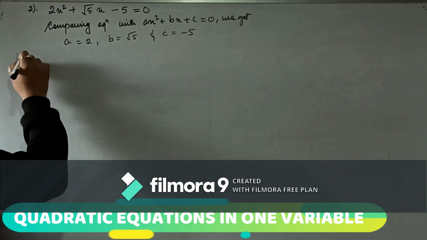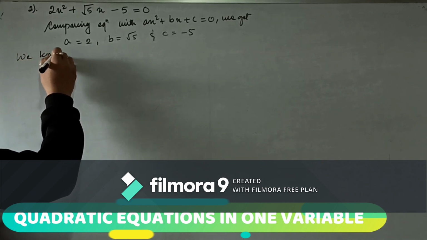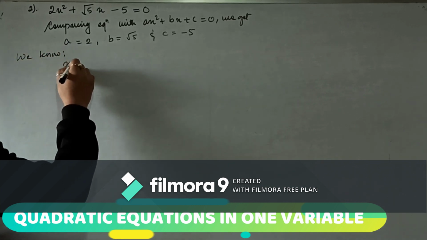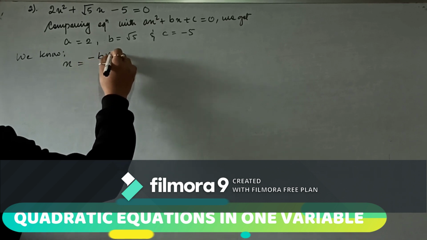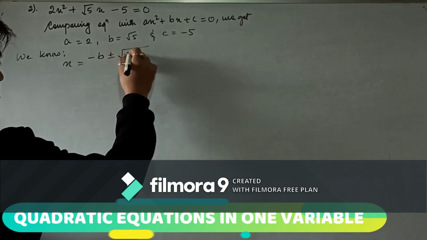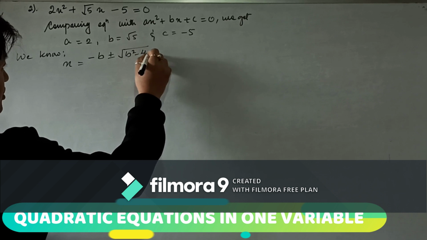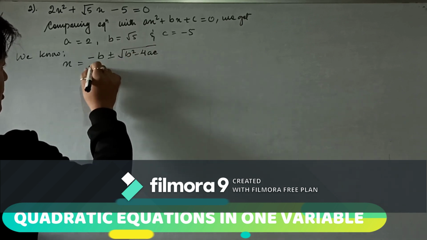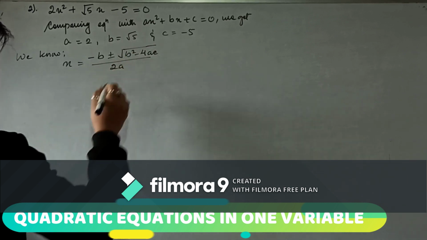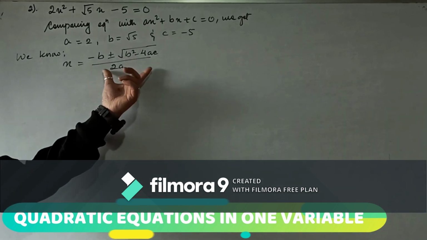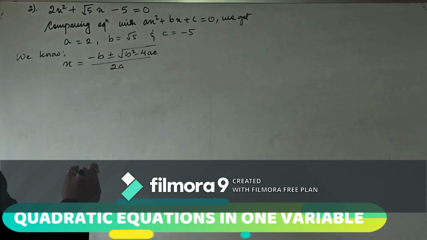Okay, again, we know if you have to find the roots, x is equals to minus b plus minus root under b square minus 4ac whole divided by 2a. Remember, you have to write down the formula. For this also you will get the marks in ICSE examination.